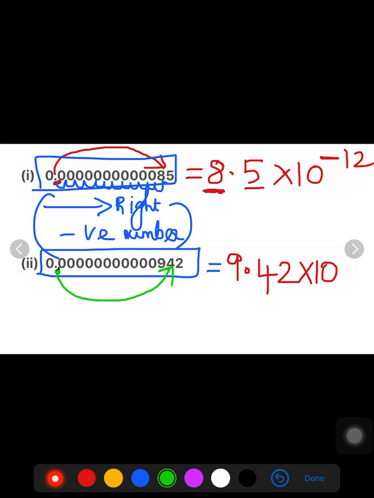How many digits you're moving, you should count. 1, 2, 3, 4, 5, 6, 7, 8, 9, 10, 11, 12. So again 12 digits we are moving our decimal point towards the right side. Your answer will be 9.42 into 10 to the power of minus 12. When you're moving to your right side, it will be a negative exponent.